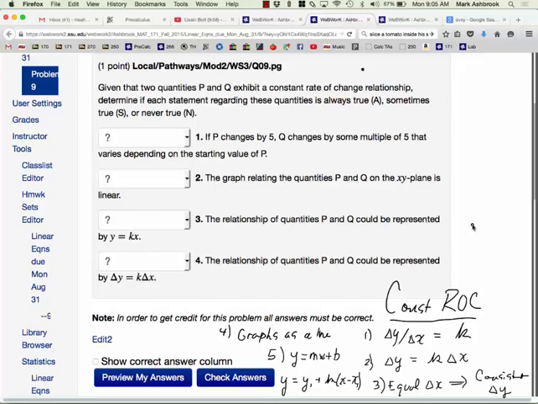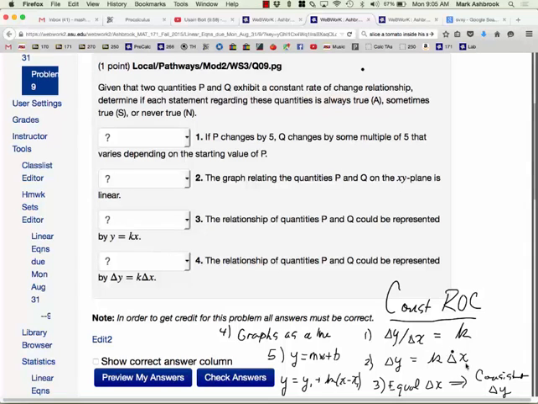Let's do number 2. It says we got a change in p, that will be like a change in x, and then the change in y. Oh yeah, it does have to do with 3. You're right. So 2 or 3, yeah. If p changes by 5, then q changes by some multiple of 5 that varies.